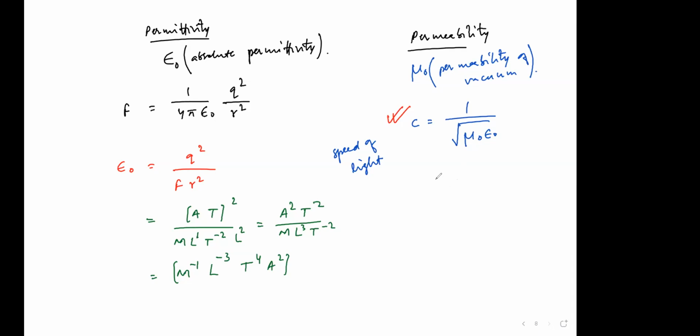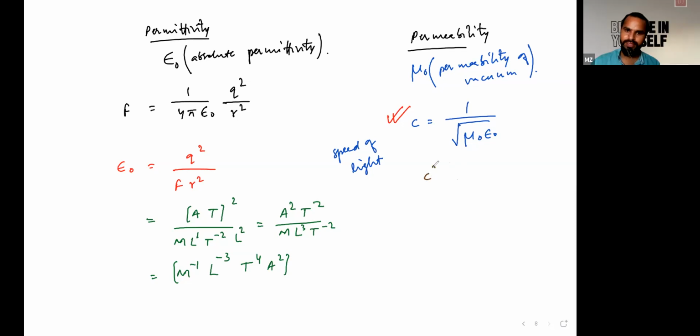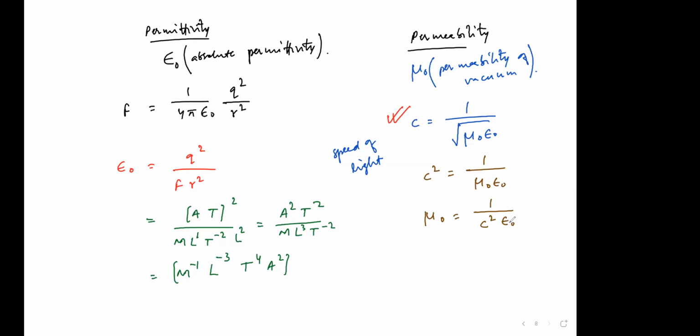So how do you remove that square? Just squaring both sides, so it will be c squared equals 1 divided by mu naught epsilon naught. Bring this mu naught to the other side, so mu naught is equal to 1 by c squared times epsilon naught. Is it clear? Yes, sir.